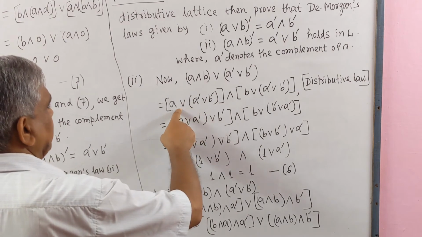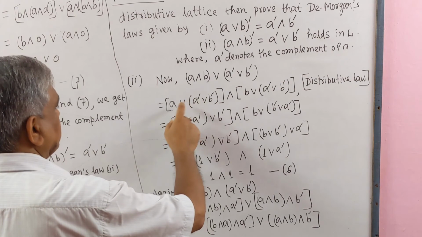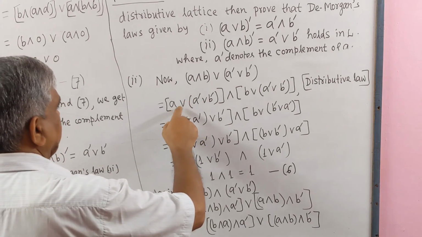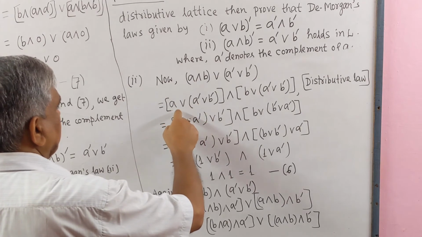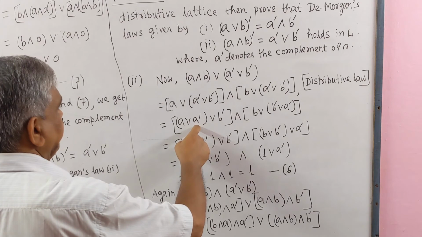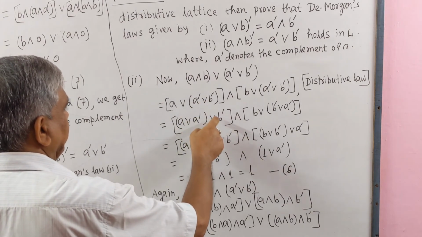Here by the associative law, we see that here join, here also join. So we apply the associative law. So by the associative law, we get (A join A prime), then outside join B prime.